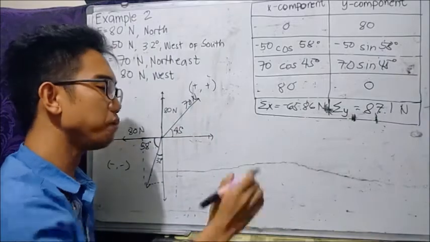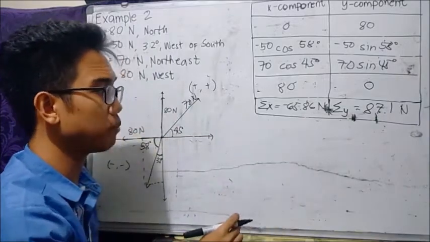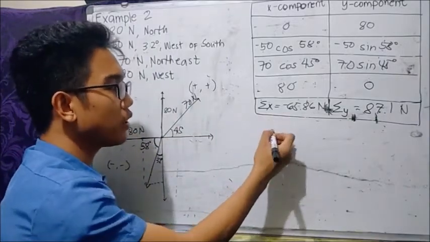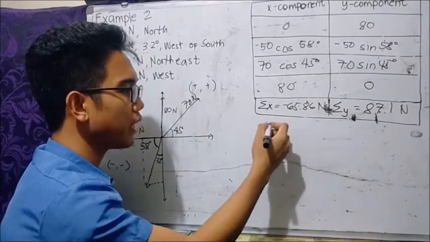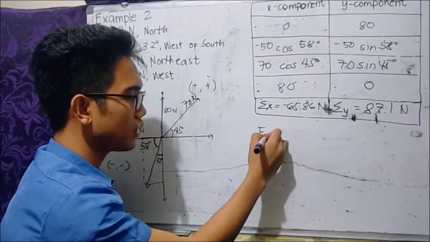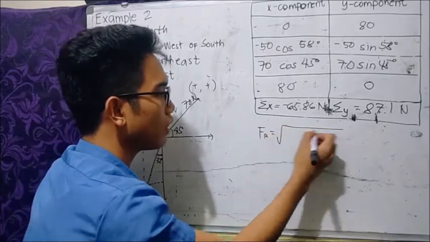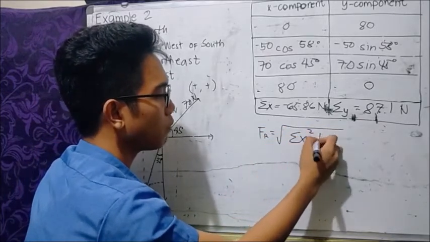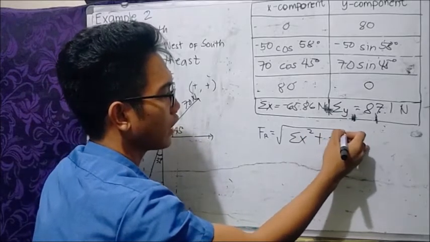Okay, using the Pythagorean theorem, we are going to find the magnitude of your resultant force. So F sub r is equal to the square root of summation x squared plus summation y squared.